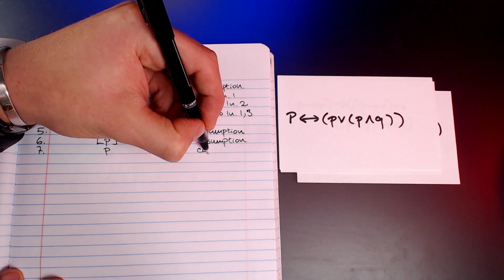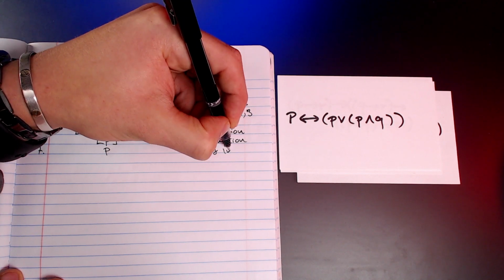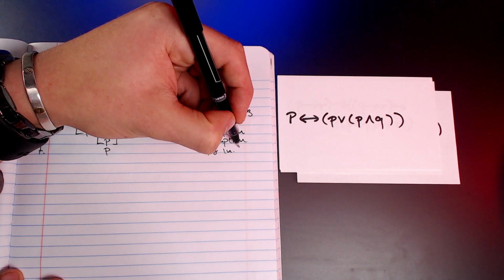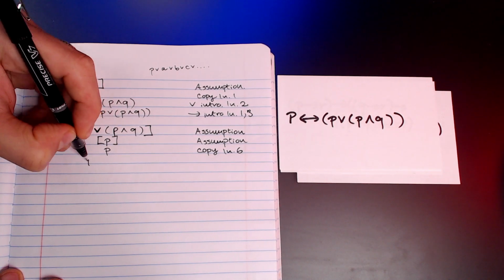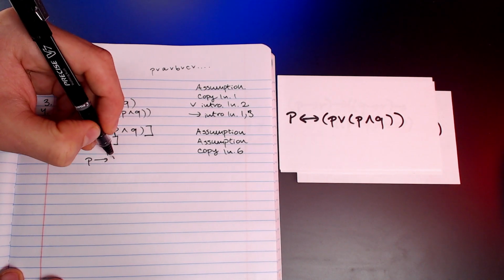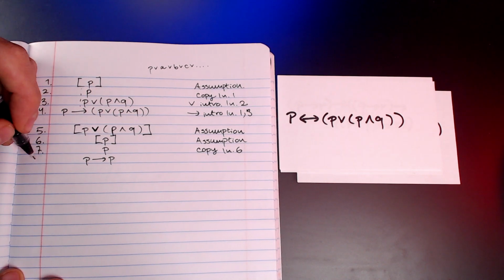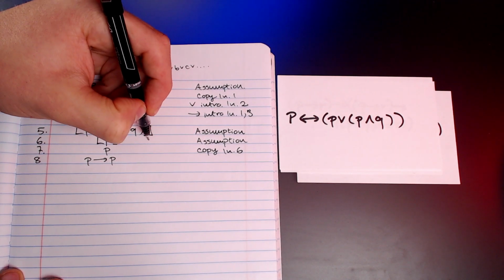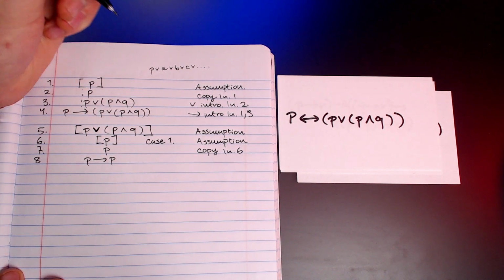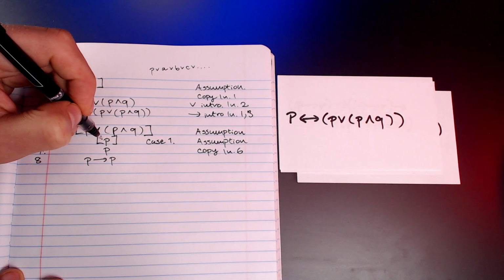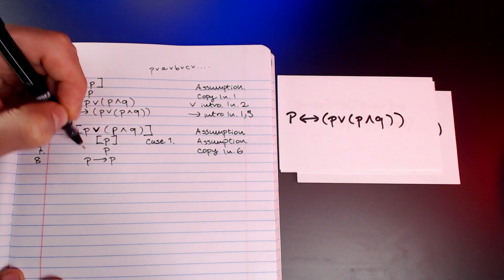This is just copying line 6. And so obviously P implies P. And this would be just a note here. This is case 1. And so if case 1 is true, P implies P is true.